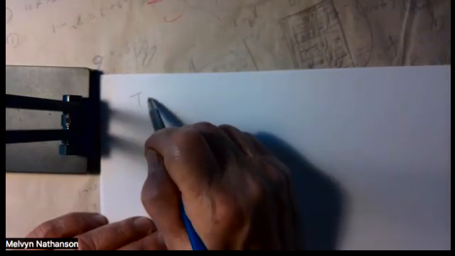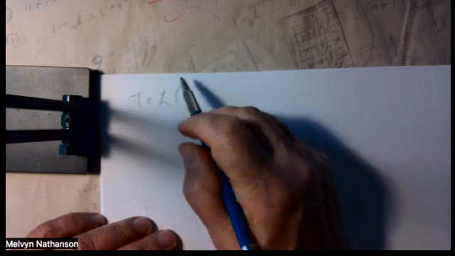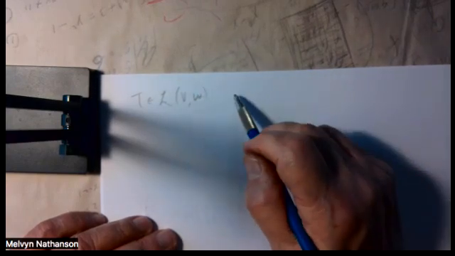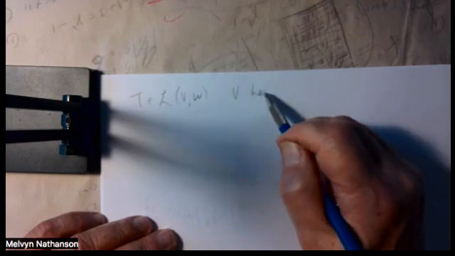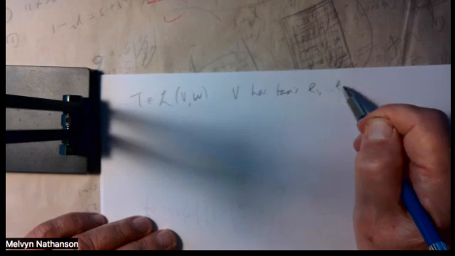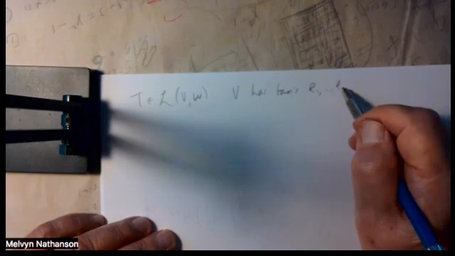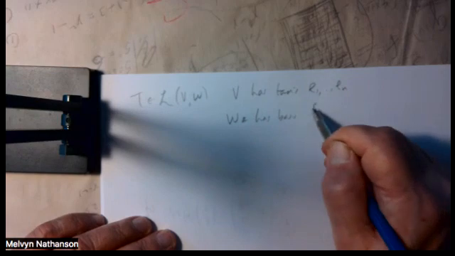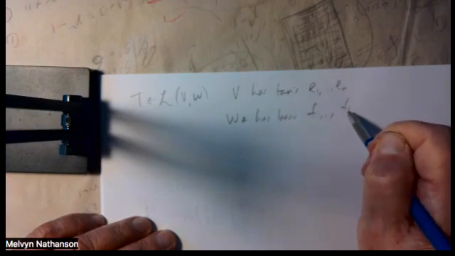So let me just, again, review. We have a linear map T from V to W, finite dimensional vector spaces. Let's say V has a basis E1 up to En. W has a basis F1 up to Fm.